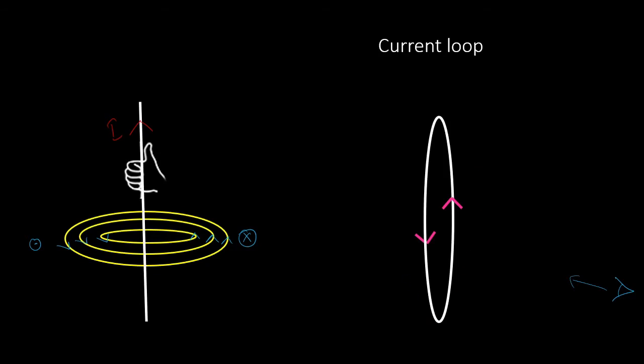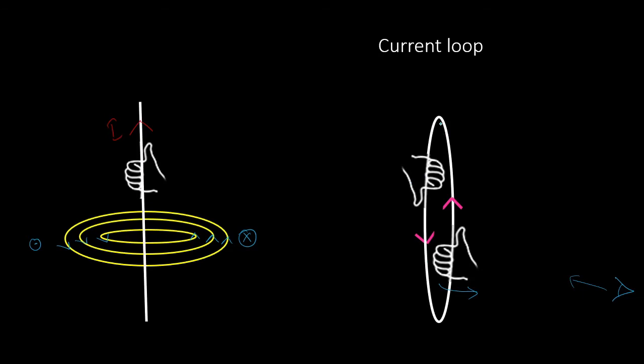And how will be the magnetic field that is generated? For that we should use the right hand thumb rule. So if you look at the right side of the loop, the current is going upward, and using the right hand thumb rule I can say the magnetic field comes out from the right side. What about the left side of the loop?